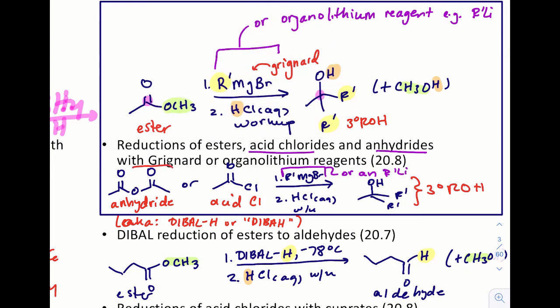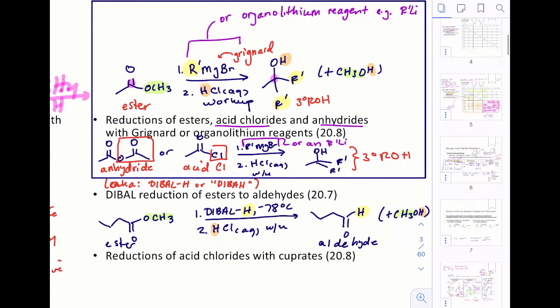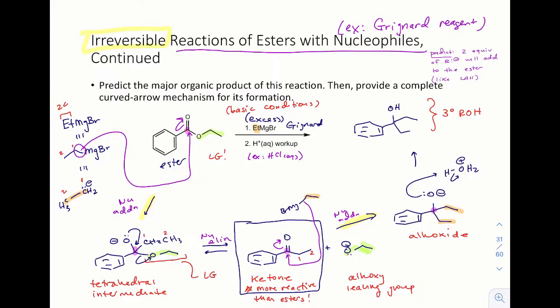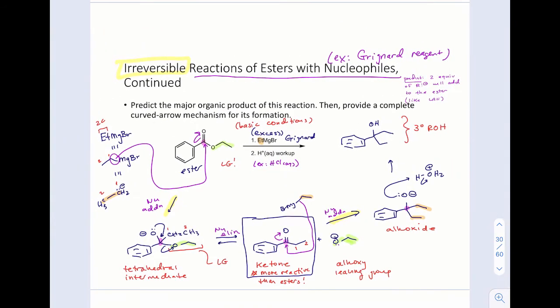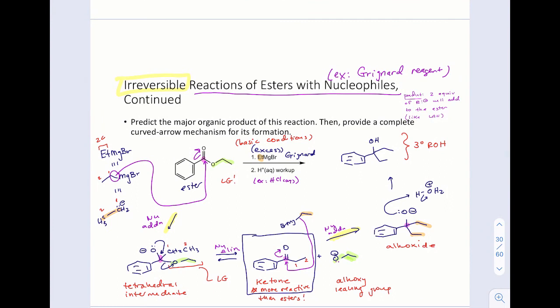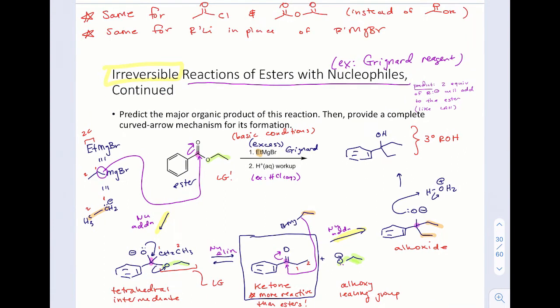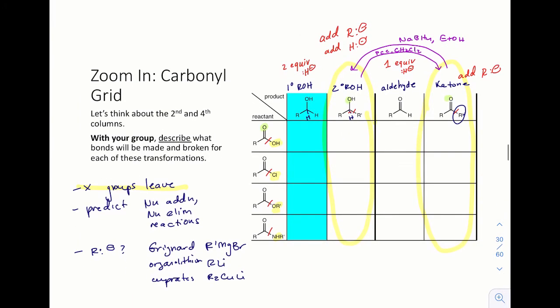For the anhydride, the acetate leaving group will be formed instead of the alcohol, and for the acid chloride, the chloride leaving group will be formed instead of the alcohol. The mechanism for those reactions is identical to what we just learned for the reactions of esters with Grignard reagents. It's just that the leaving group will be different. You can work out those mechanisms and let me know if you have any questions. Where does this reaction go on our grid?